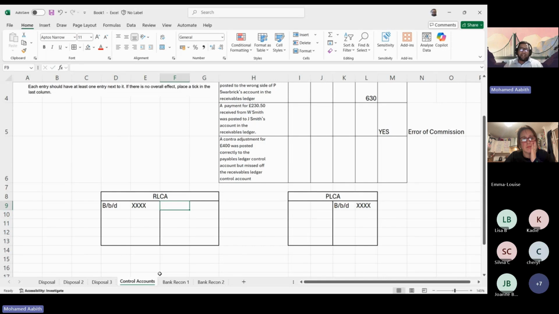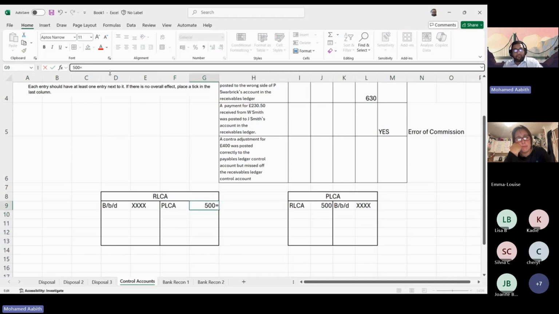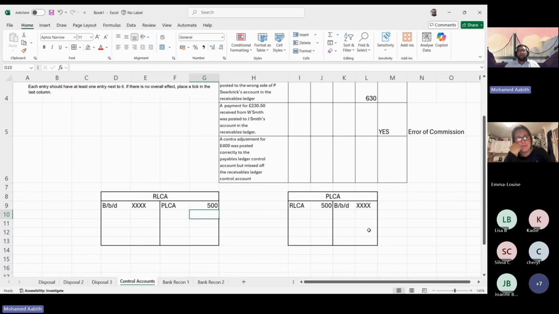What we'll do is write off the common £500 by saying PLCA 500 and here we say RLCA 500. So those two numbers cancel each other out.